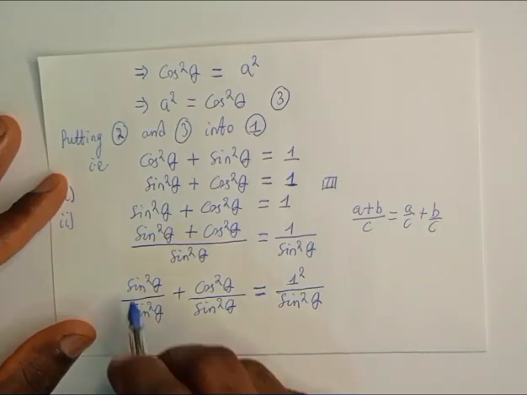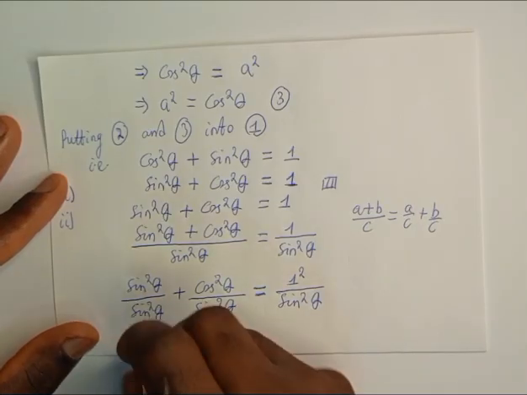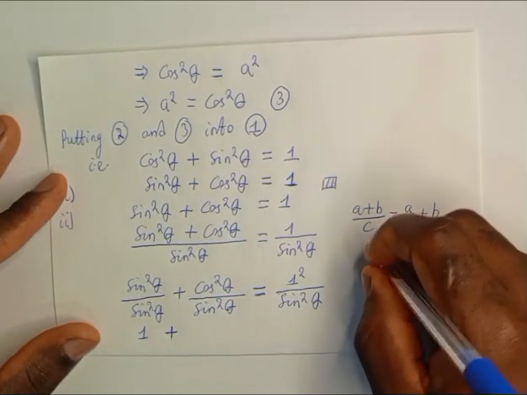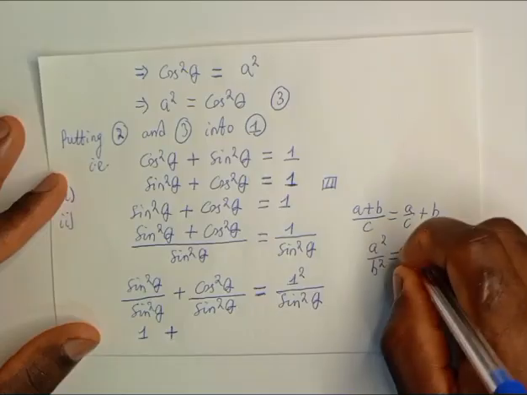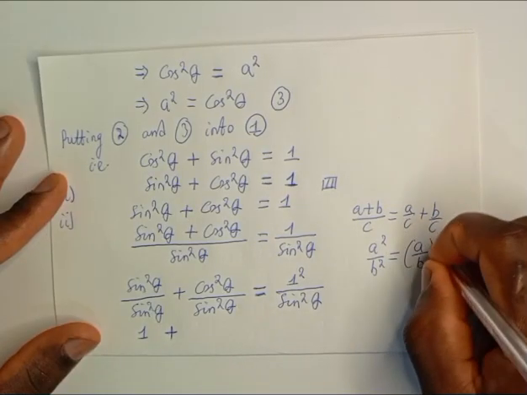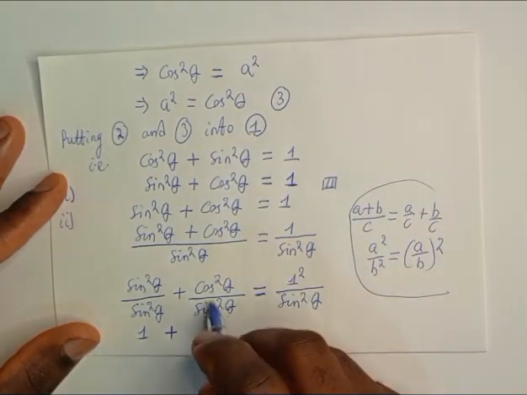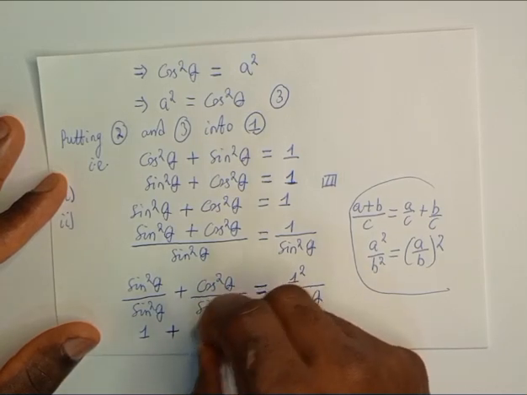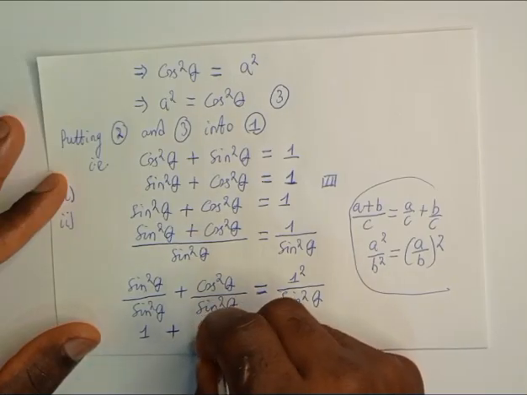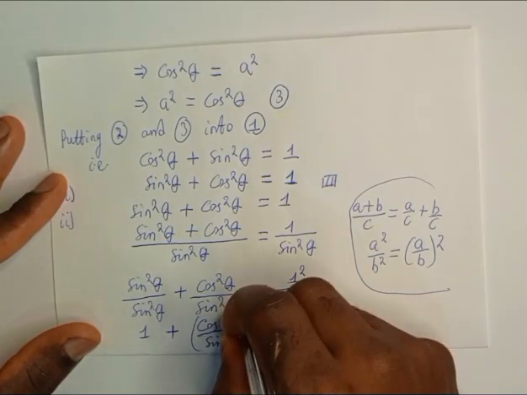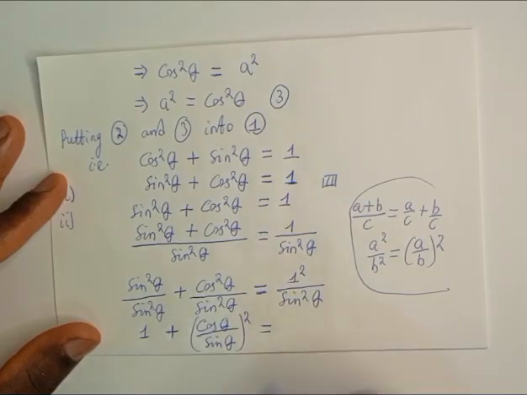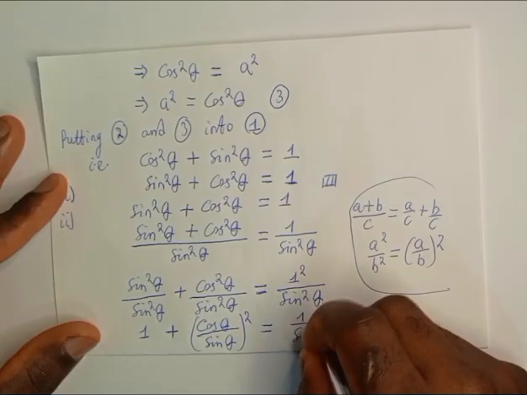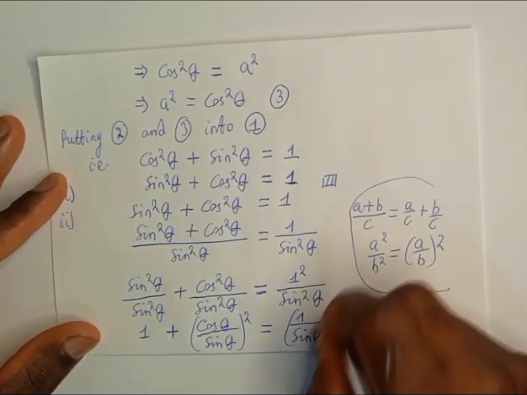Sin²θ divided by sin²θ gives us 1 plus, if we take a squared over b squared, we can express this as a on b, all this squared. This will give us cos over sin, all this squared, equal to 1 over sin, all this squared.